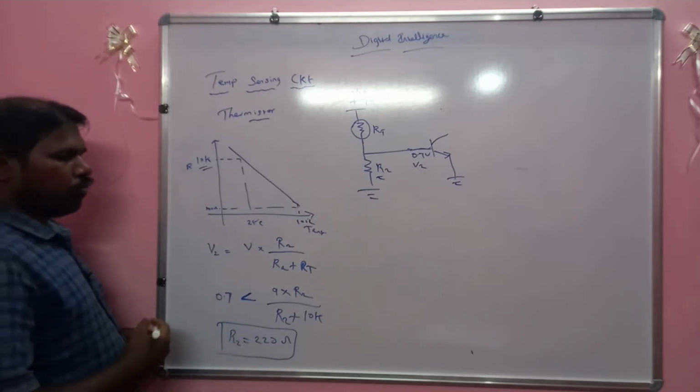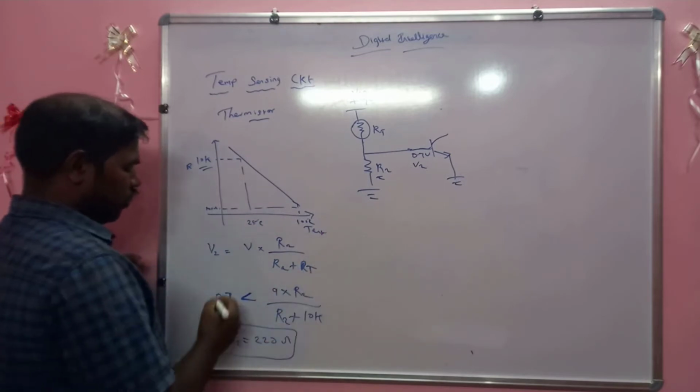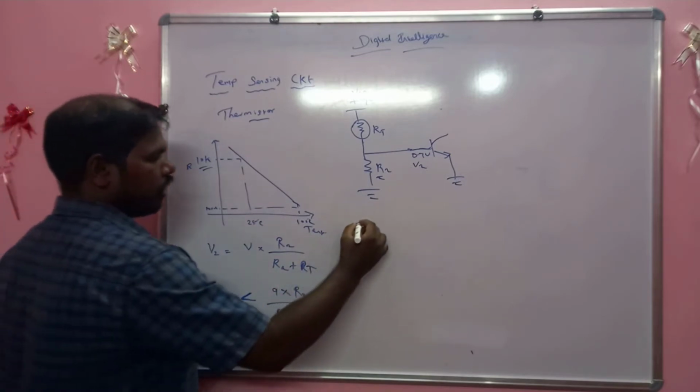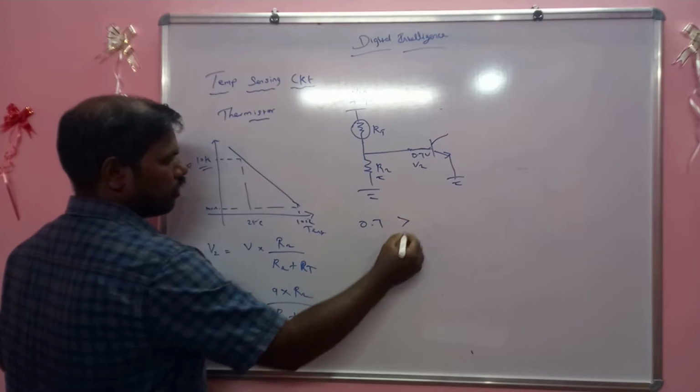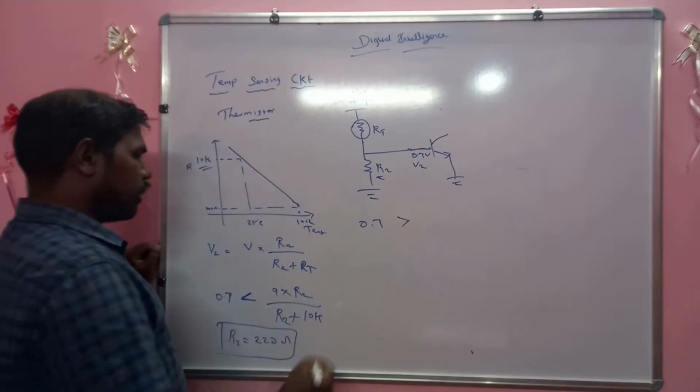Then what is the maximum value of R2? Here V2 is less than 0.7 on one side and greater than 0.7 on the other.